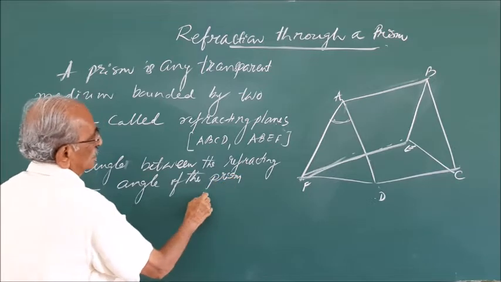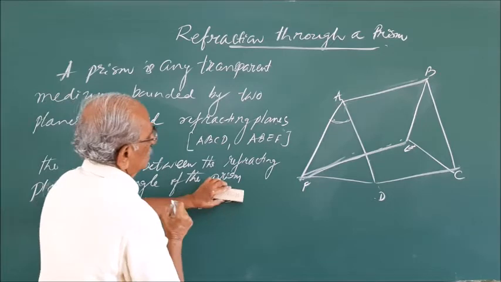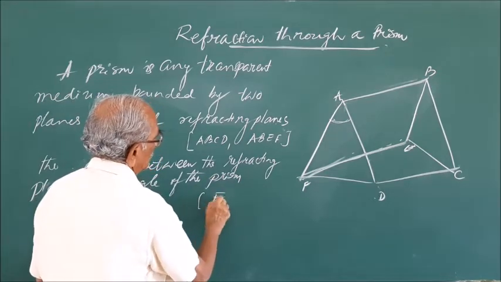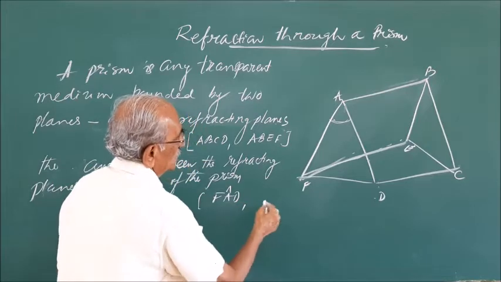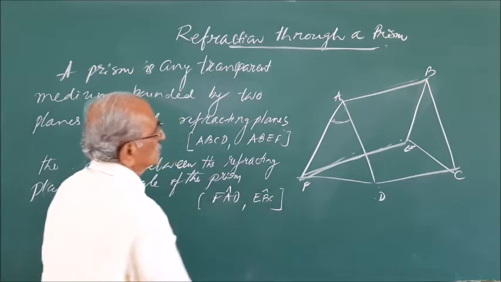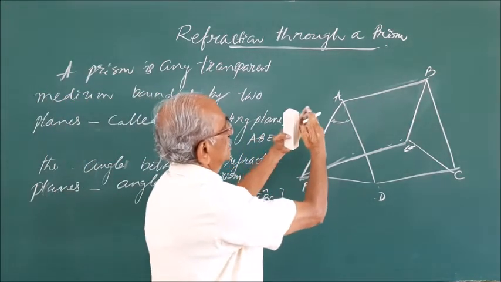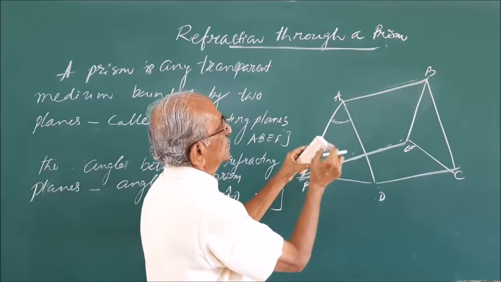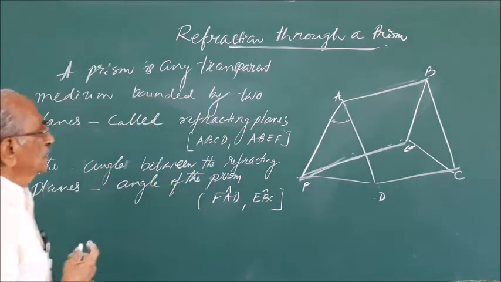Now, here it may be FAD and EBC, like that. See, here you have a plane, here you have a plane, here you have an edge. That is called the refracting edge.